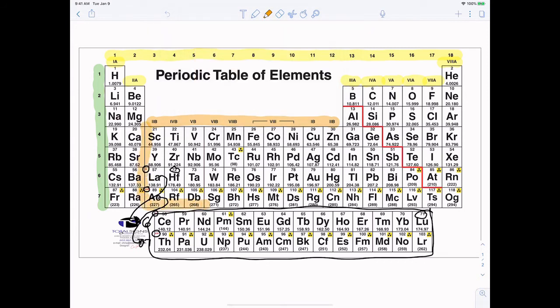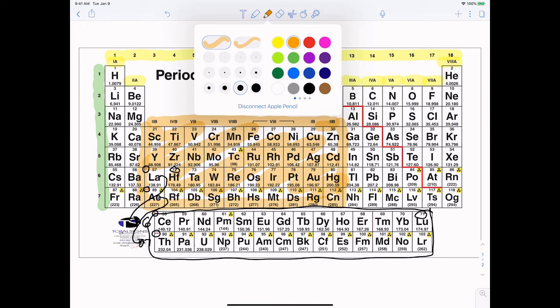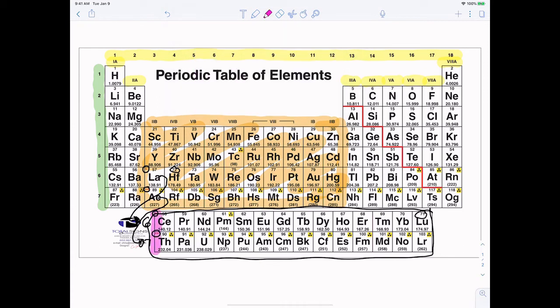So these guys are my transition metals. The ones that we're missing yet are these ones at the bottom. Let's use pink, these guys. And these guys are my inner transition metals.